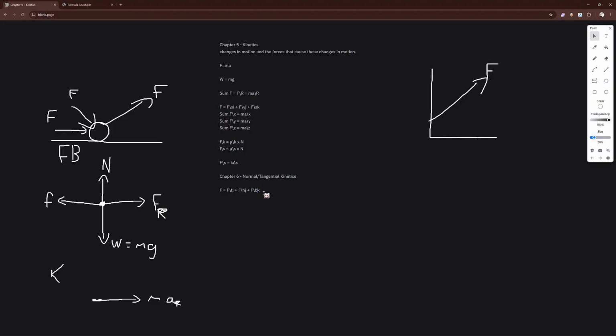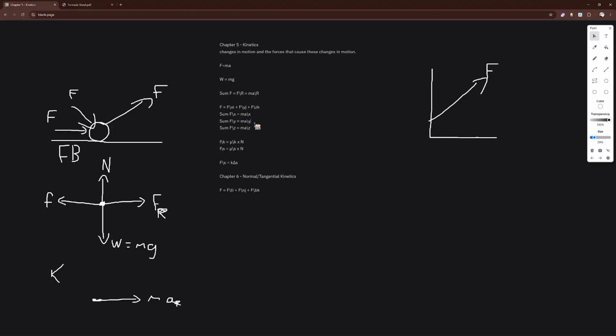It doesn't really mean anything, but yeah, that's all. This is chapter 6. Everything else is the same. It's just sum of the forces in T, sum of the forces in N, sum of the forces in B. Nothing else changes.